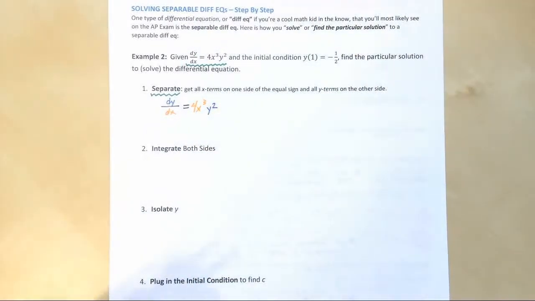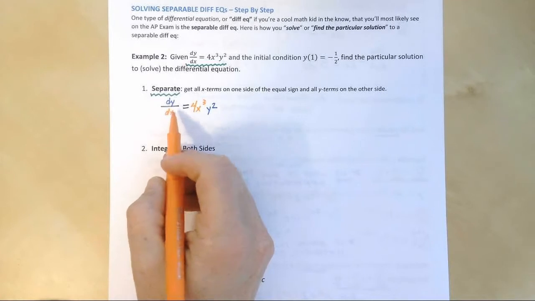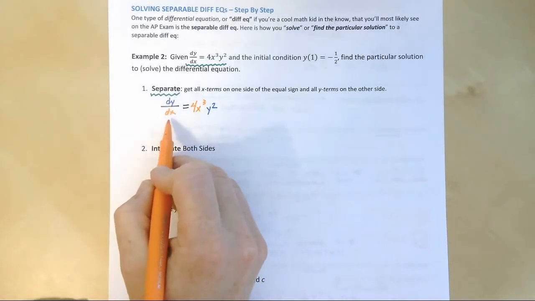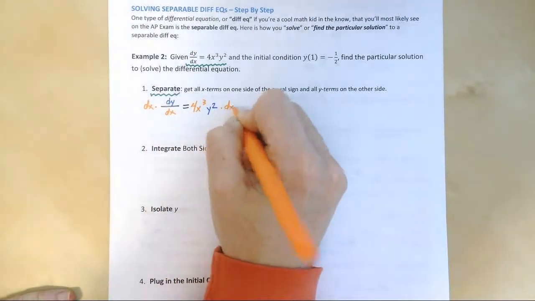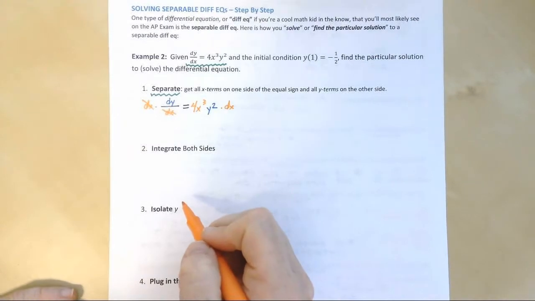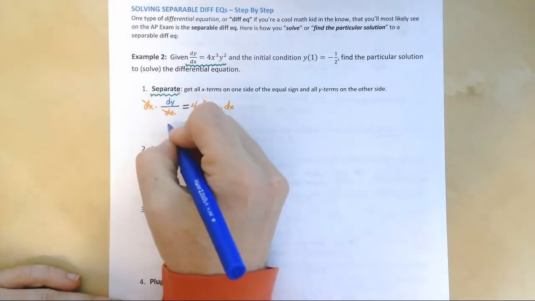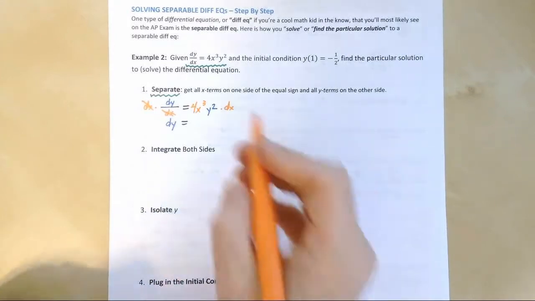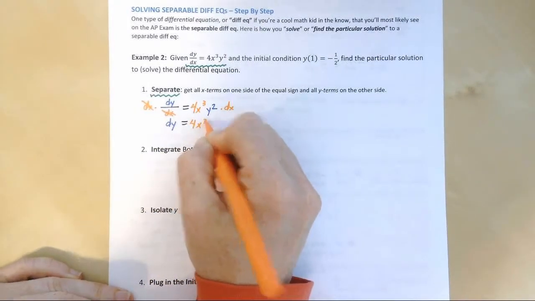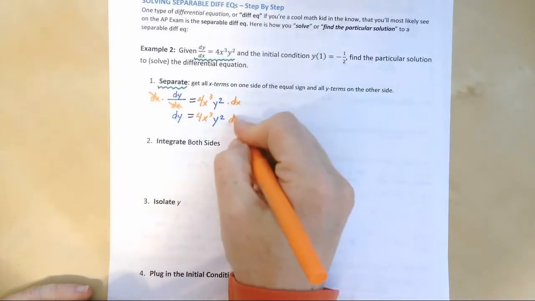Cool. So we want all the x's on one side, all the y's on the other. When you separate, I would always start by multiplying both sides by dx. So I'll show you what I mean. Times dx, cross out the dx's on one side, and you have a dx on the other side still left. So let's rewrite what we have: dy equals 4x cubed times y squared times dx.